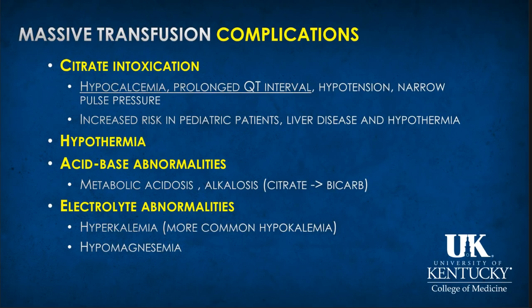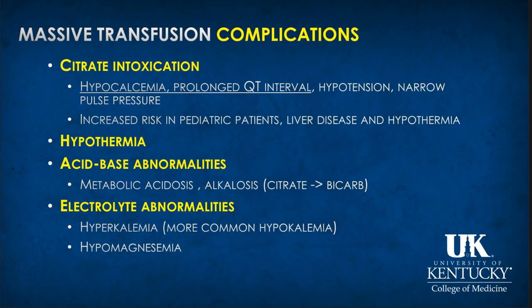Massive transfusion complications. Number 1, the citrate toxicity. Citrate is added as an anticoagulant, and it works by capturing the calcium. So therefore, if I give a lot of citrate fast, then we get symptomatic hypocalcemia because it captures your plasma calcium.